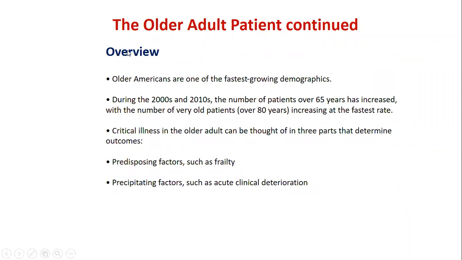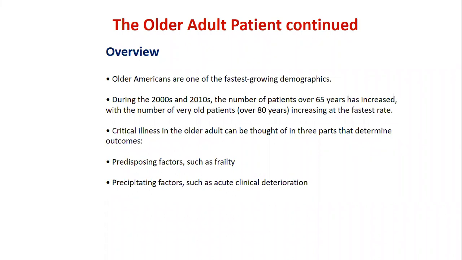The overview says older Americans are one of the fastest growing demographics. Because of technology and modern medicine, our life expectancy is getting longer and longer.